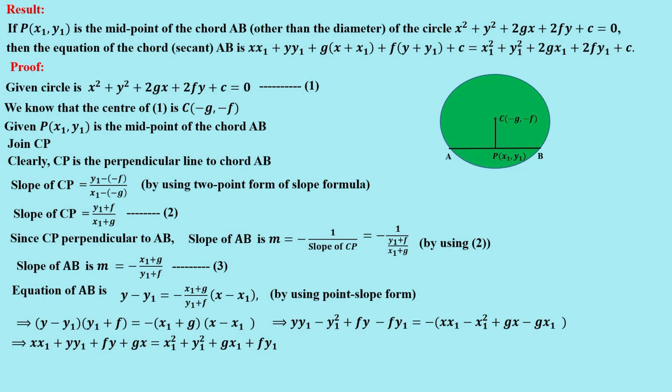We are bringing the minus terms to the other side. The minus terms on the right hand side come to the left hand side, and the minus terms on the left hand side go to the right hand side.